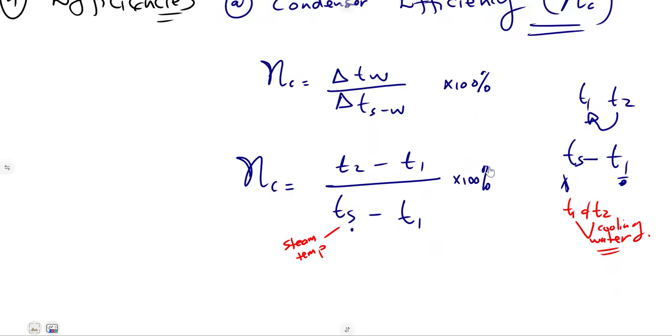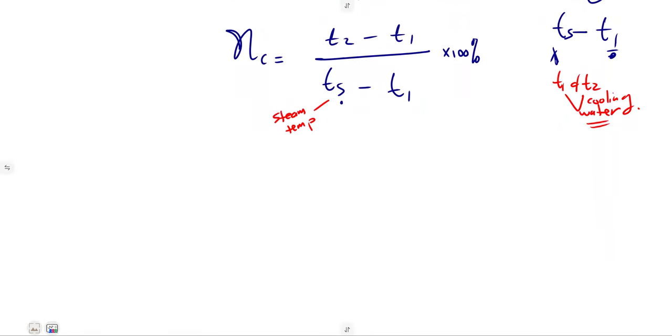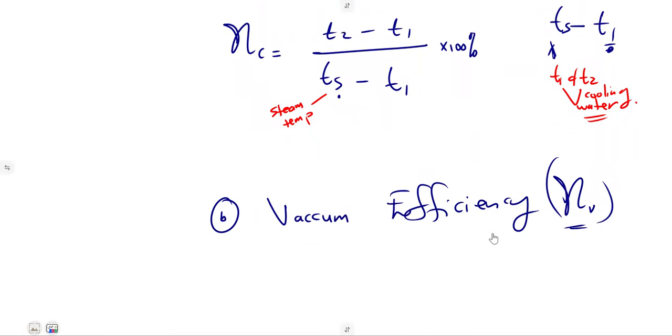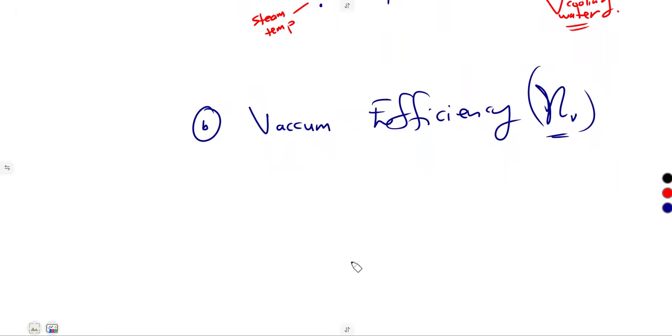We move on to the other efficiency, which is to be determined as our part B, that is the vacuum efficiency. I'm just going to put a V there for the vacuum efficiency. It is still one and the same thing as long as you understand what you are writing there.